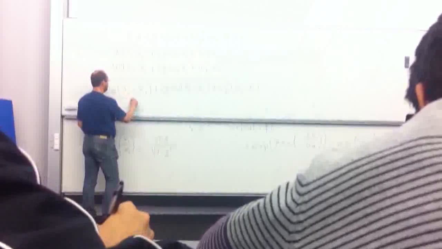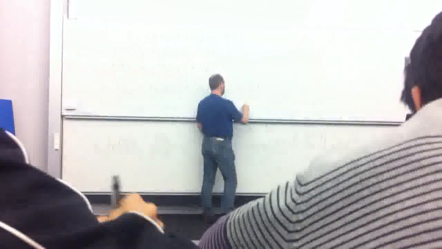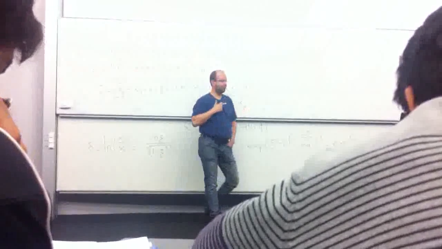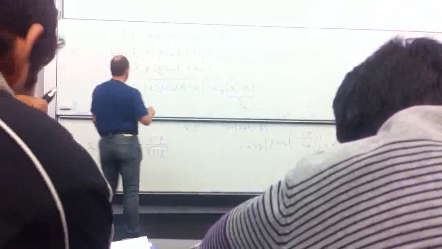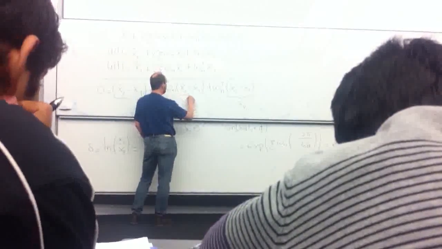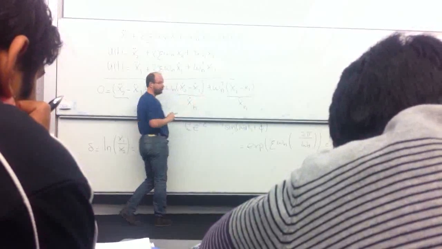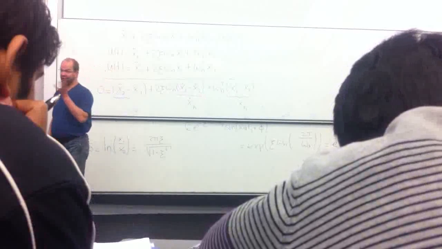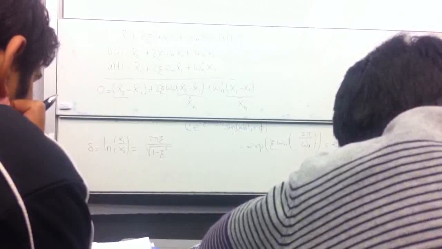So what you see is, if I call x2 minus x1 by a different name, xh, then this thing here is xh dot, because if I take the derivative of a difference of functions, it's the difference of the derivatives.